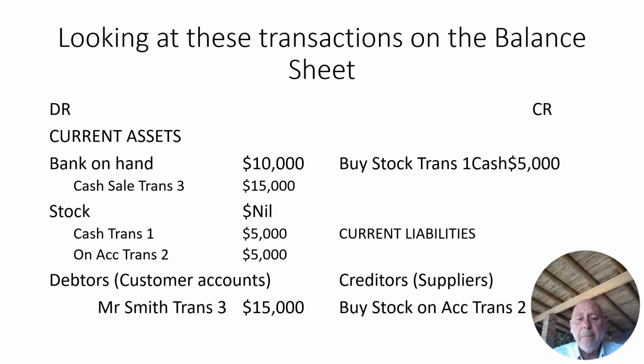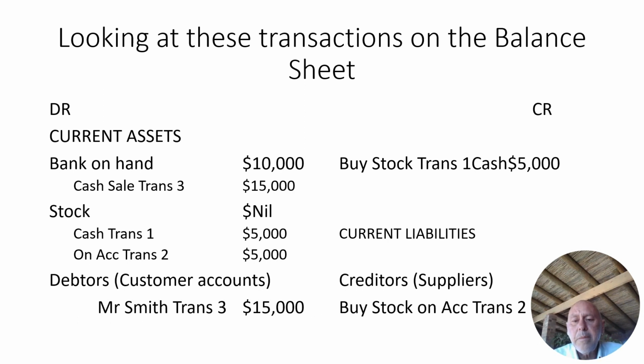What has it done? So the very first transaction, I'm saying under current assets there, the bank on hand from our balance sheet earlier was $10,000. That very first transaction that we did is we bought stock, cash, $5,000. And you can see that transaction there, $5,000.